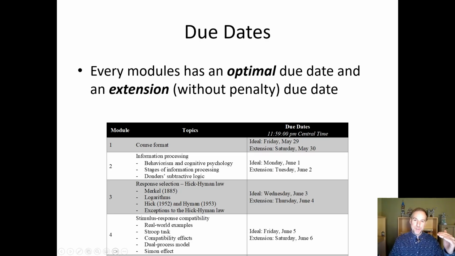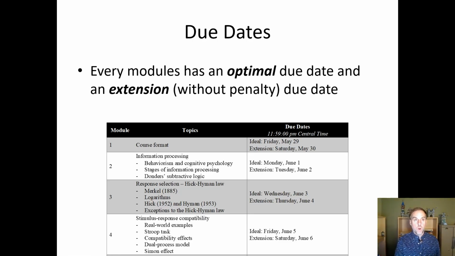It continues on to module 14, and for each of those we have the ideal and extension due dates. First, the ideal due dates are Mondays, Wednesdays, and Fridays. The course format module, for example, has an ideal due date of Friday, May 12th, and these will always be at 11:59 and 0 seconds p.m. Central Time.